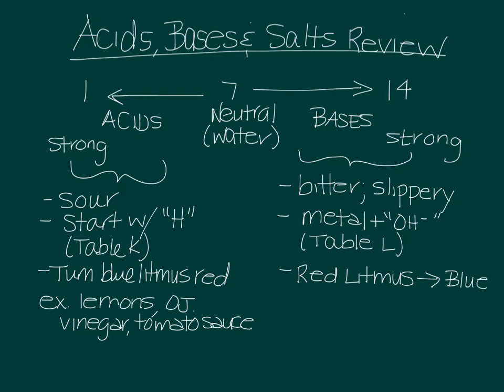And some examples would be, well, actually, I want to give you another important indicator here. Phenolphthalein, and we're going to be using this in the next week, is pink in the presence of a base.